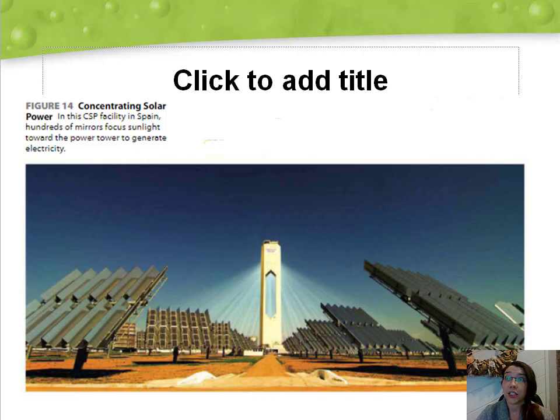The heated fluid is used to produce steam, and then the steam turns the blades of a turbine. That then powers a generator. Because this process uses steam, it is similar to the way a coal power plant produces electricity. However, the sun, not a coal fire, is the source of the heat that produces the steam.